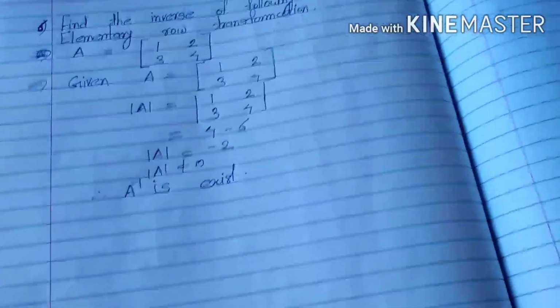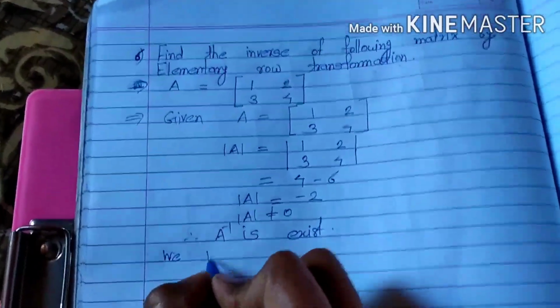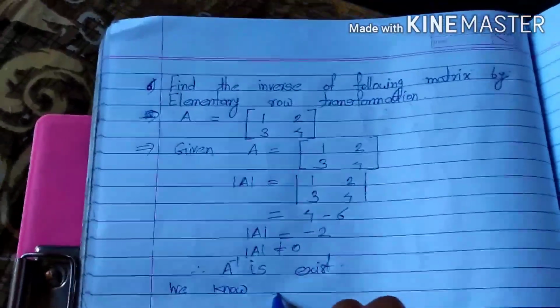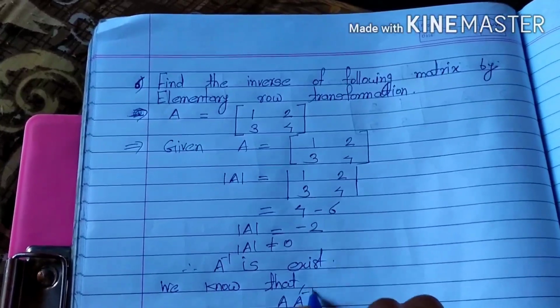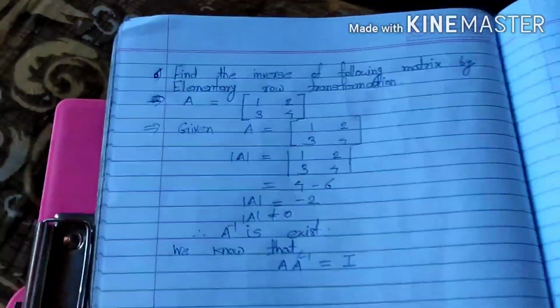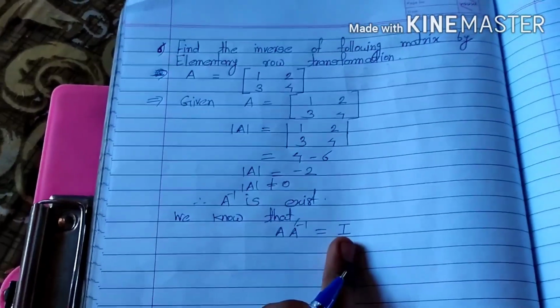Now there is a procedure like that. We know that A into A inverse is equal to identity matrix. Now put the values of A and values of identity matrix and you have to find A inverse.